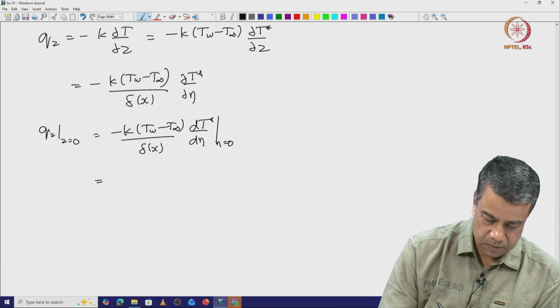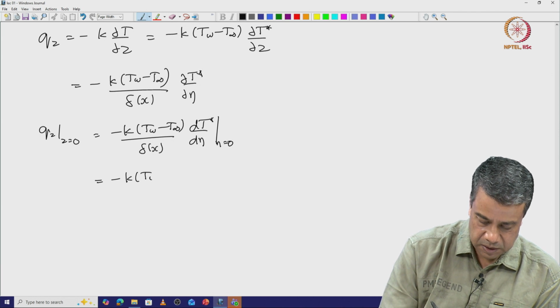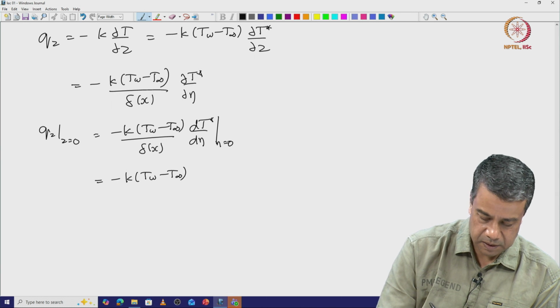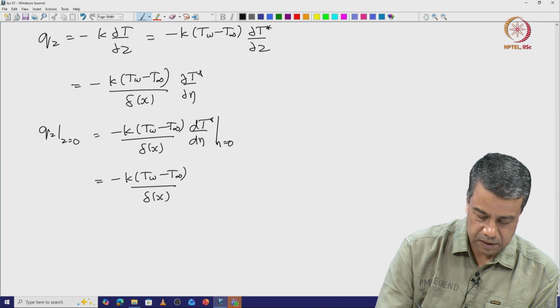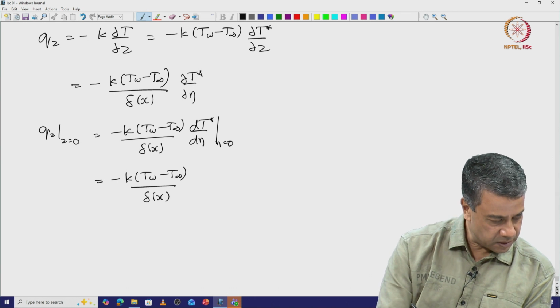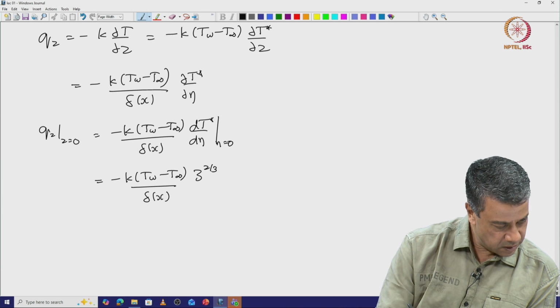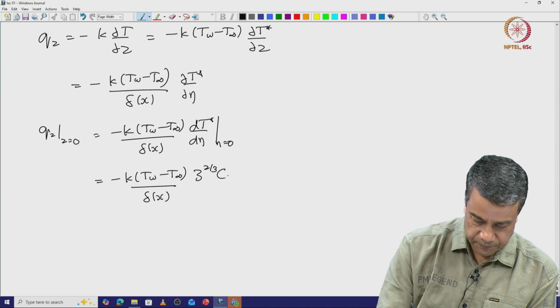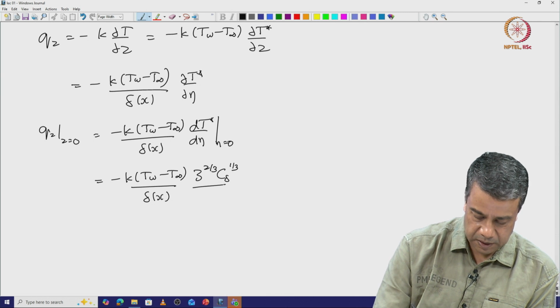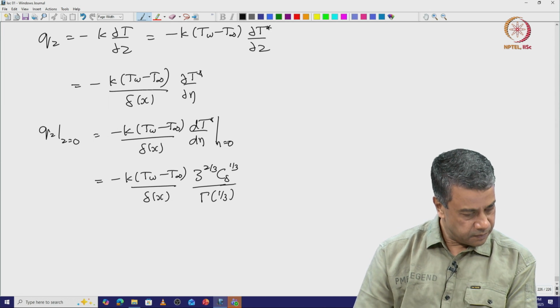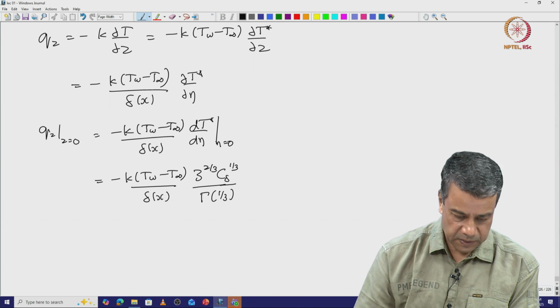Therefore, this is equal to minus k into Tw minus T infinity by delta of x, into C1, which was equal to 3 to the power 2/3 into C delta to the power 1/3 by gamma of 1/3.